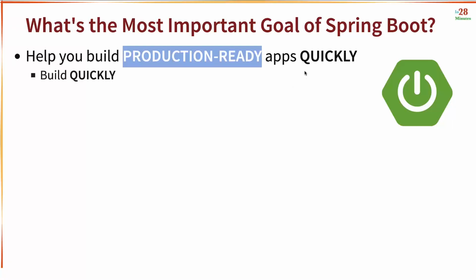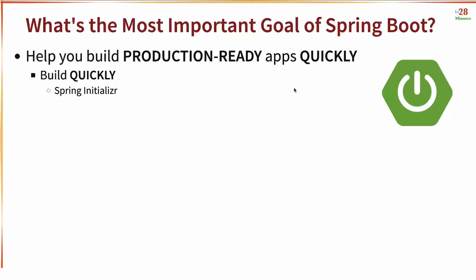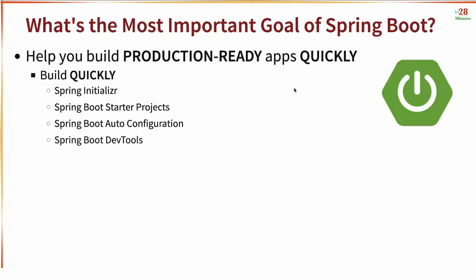Let's look at some of the features that enable you to quickly build applications with Spring Boot. We already looked at Spring Initializer. It helps you to easily create Spring Boot projects. That's the website start.spring.io. The other features which help you to build applications quickly are Spring Boot starter projects, Spring Boot auto configuration, and Spring Boot dev tools.